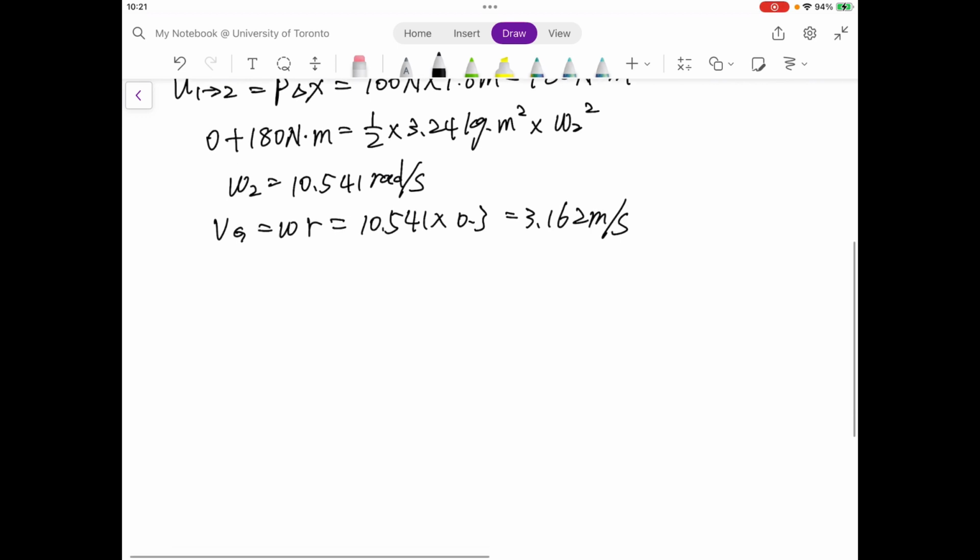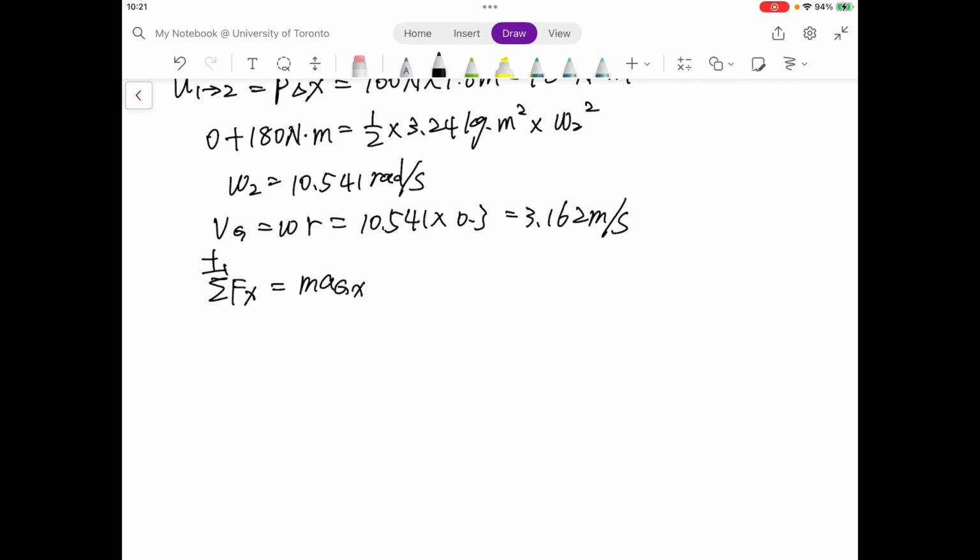In x direction, the sum of force is equal to m a_Gx. Then v_G square is equal to v_0 square plus 2 a_Gx times delta x. v_G is equal to 3.16. v_0 is equal to 0.